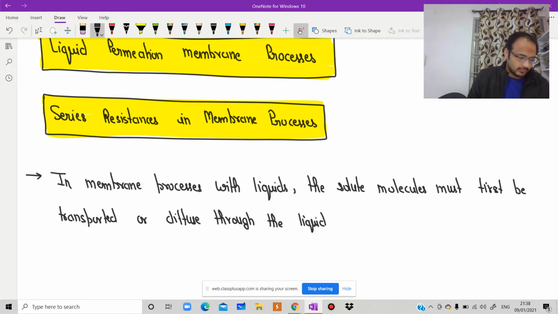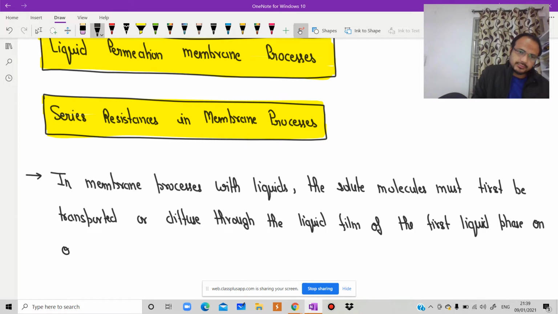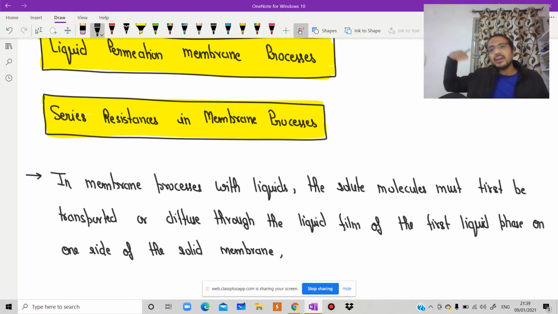Through the liquid film of the first liquid phase, on one side of the solid membrane, then through the membrane itself, and then the other phase.